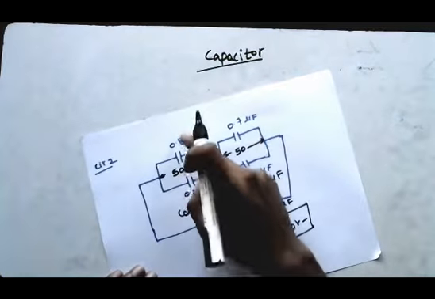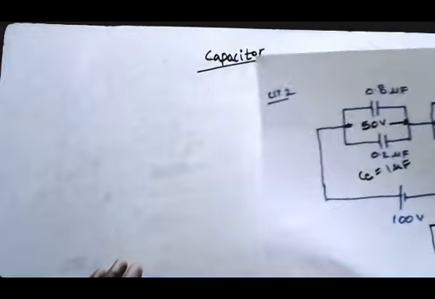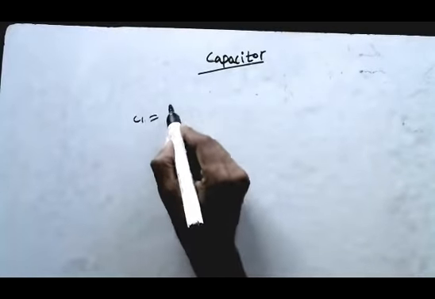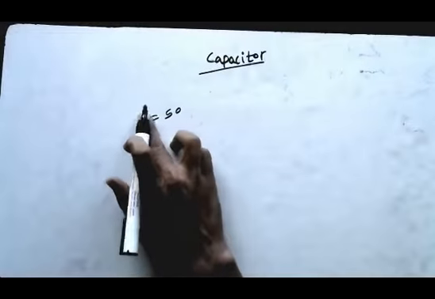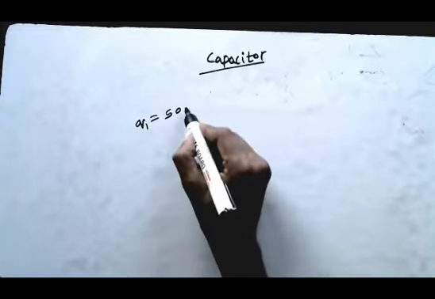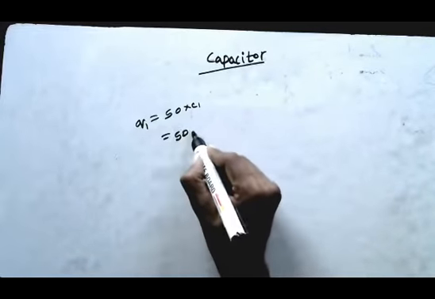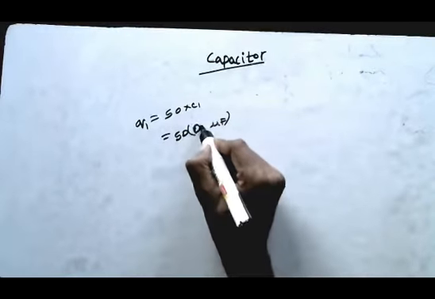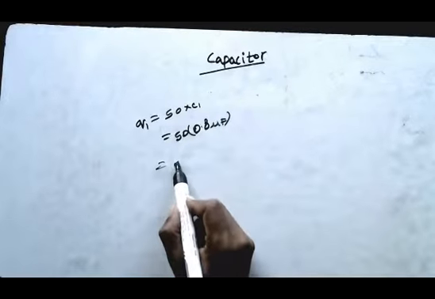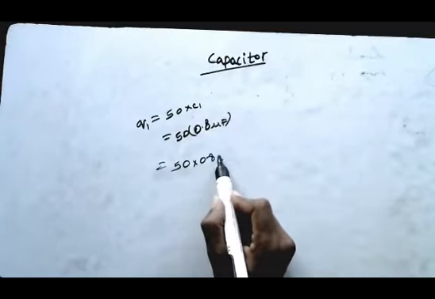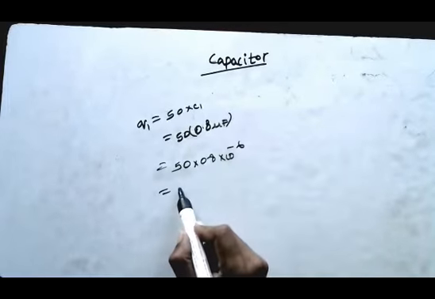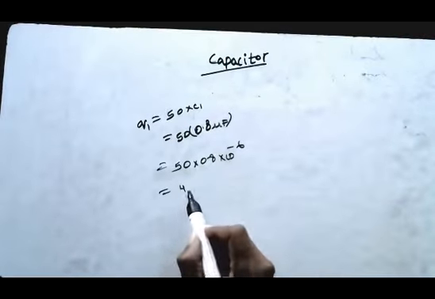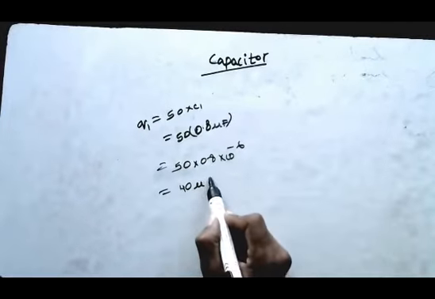Since we know voltage and capacitance, we will find the charge on each capacitor. Charge Q1 is equal to 50 into C1, so 50 into 0.8 microfarad, that is 50 into 0.8 into 10 power of minus 6, which is equal to 40 microcoulomb.